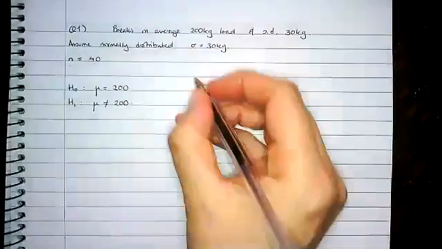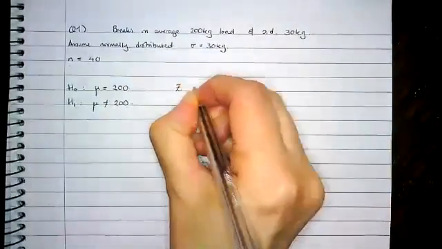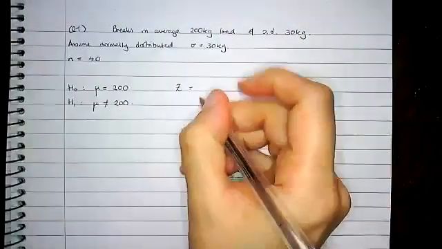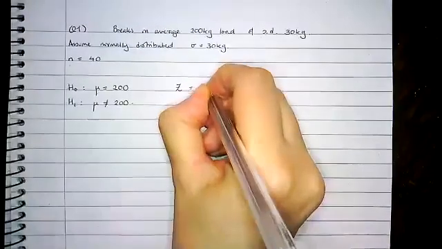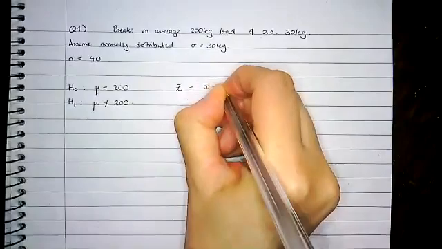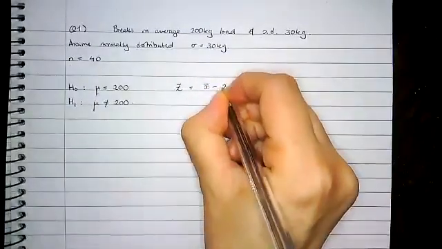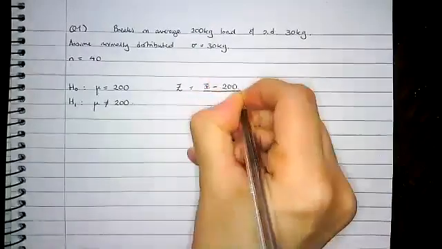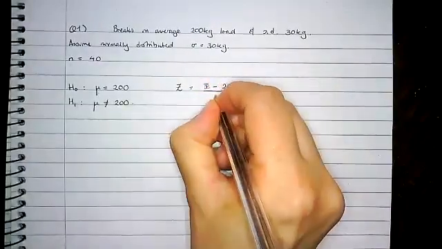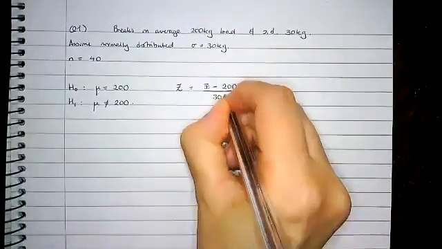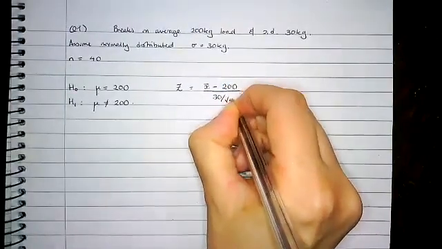Now, I'm going to need a test statistic, and the test statistic in this case, I'm going to call it Z, is going to be the normalized version of the sample mean. So I'm going to take off the proposed mean, 200, and divide by the actual standard deviation divided by square root of 40.